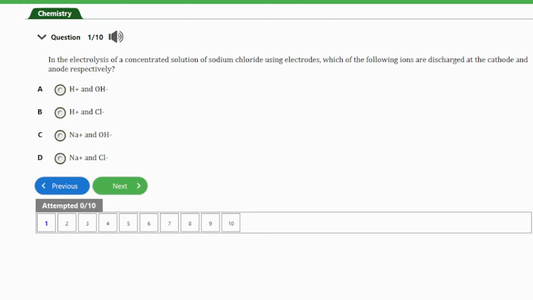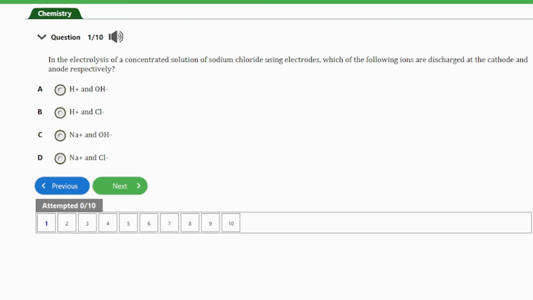We have to understand that hydrogen ion is less stable than the sodium ion, so preferentially it will discharge, producing hydrogen gas at the cathode, whereas the chloride ion has a higher concentration than the hydroxyl ion, so preferentially it will also be discharged at the anode, producing chlorine gas there.